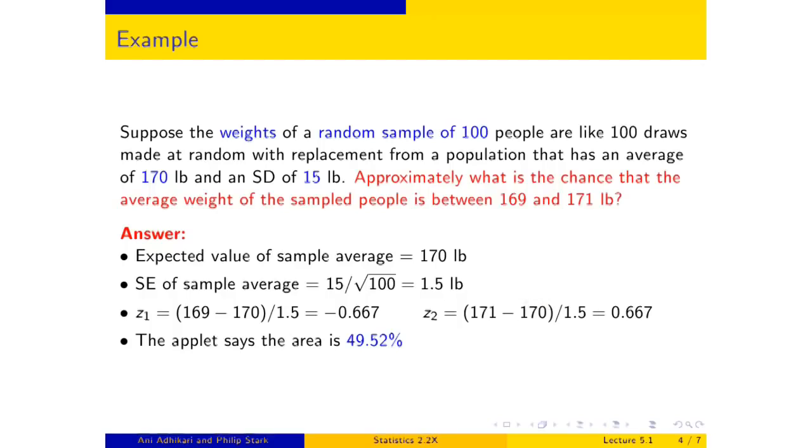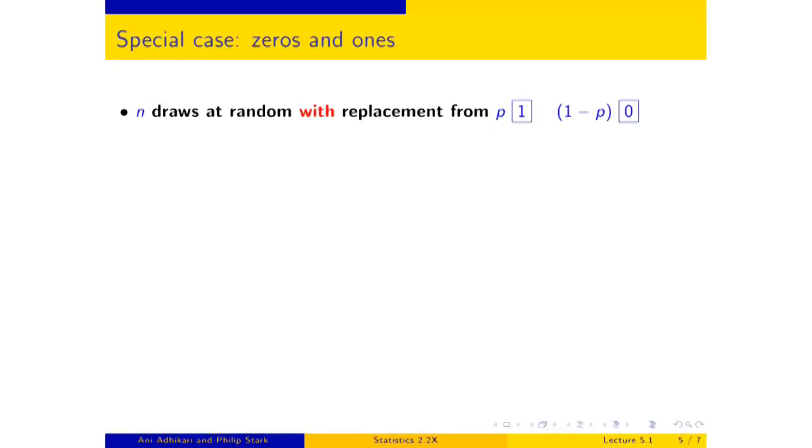Now, an important special case of this technique is the situation where you have zeros and ones in your population. So you draw n times at random with replacement from this box of zeros and ones, and you know very well that the average of a 0-1 box is the proportion of ones in it, and the SD of a list of zeros and ones is the square root of fraction of ones times fraction of zeros.